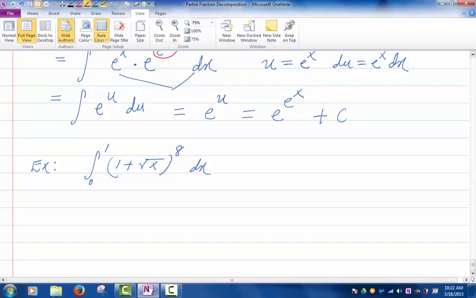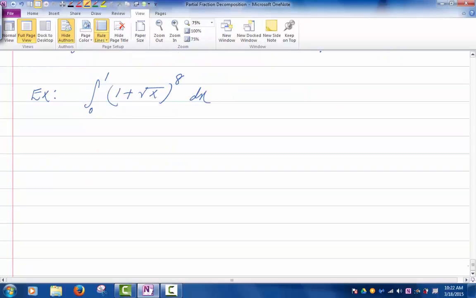You can multiply out 1 plus root x with itself 8 times, and then you're going to get powers of x, and you can integrate by using the power rule. However, since most of us would not like it, let's try a substitution. So let's say, you look at 1 plus root x, you wish you had x to the 8. So let's take u to be 1 plus root x and see what happens.